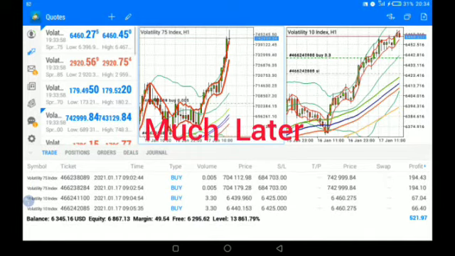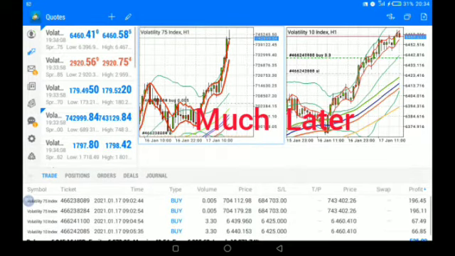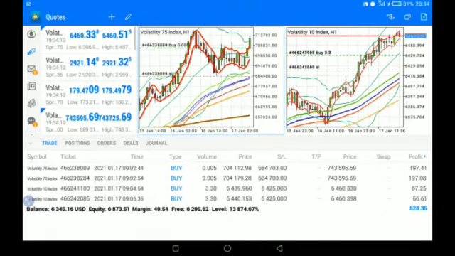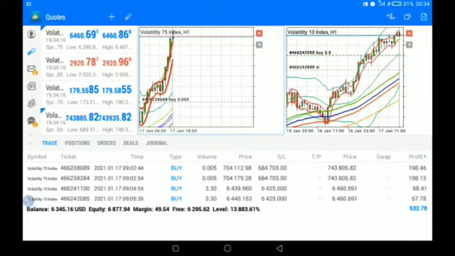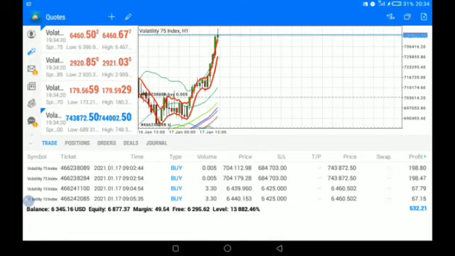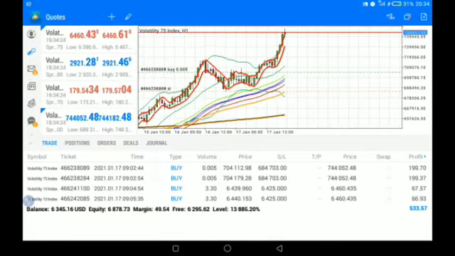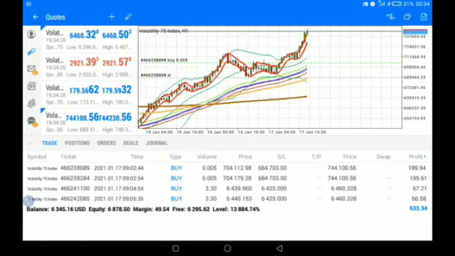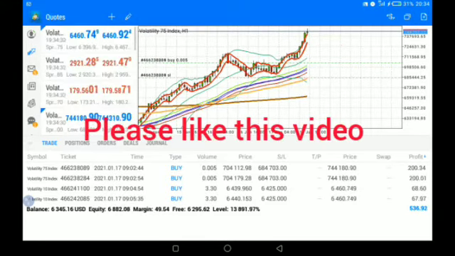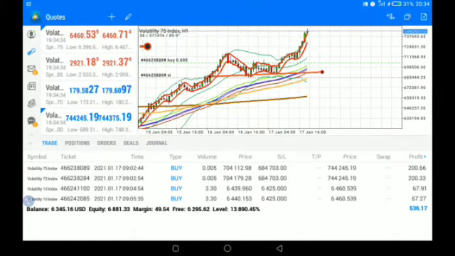All right, you can see how the charts are doing. Volatility 75, you can see how it is doing. Like I said, I opened this trade as a result of the double bottom.